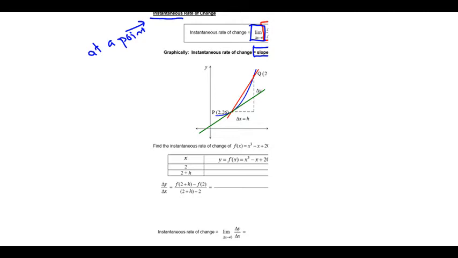The tangent line is the line that intersects our curve at exactly 1 point.